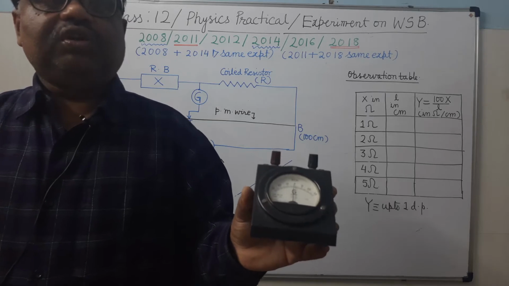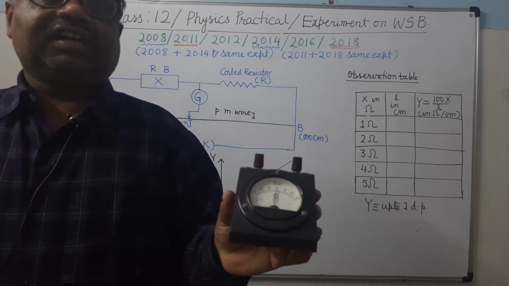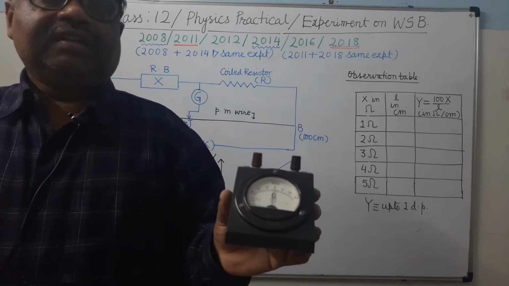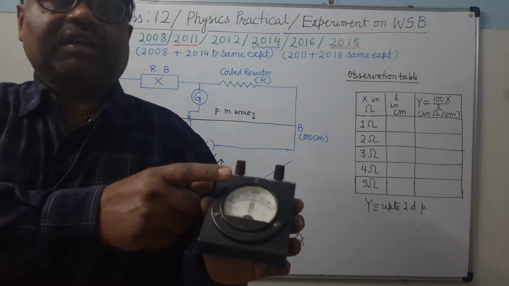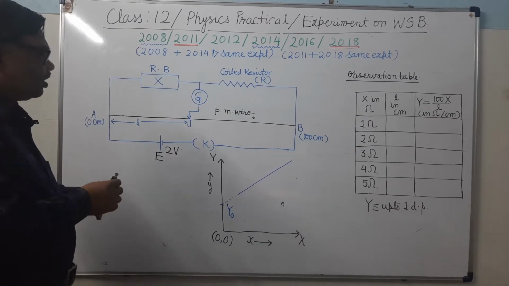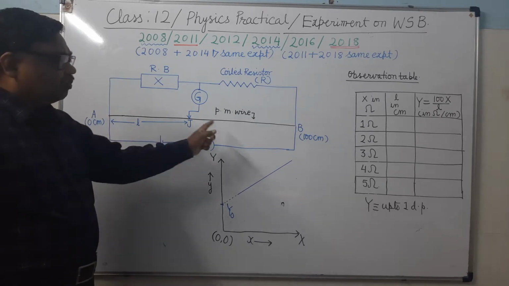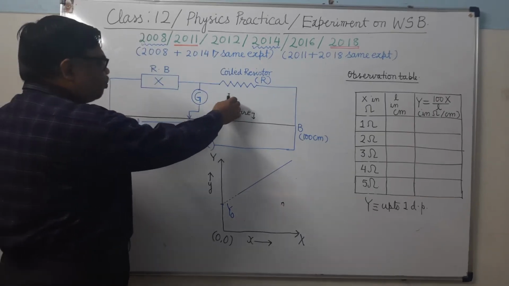You only have to ensure that after passing the current in the circuit, this galvanometer needle should be at the 0 centimeter mark. So how will you do it? You will locate that point on the potentiometer wire by touching the jockey at different points.